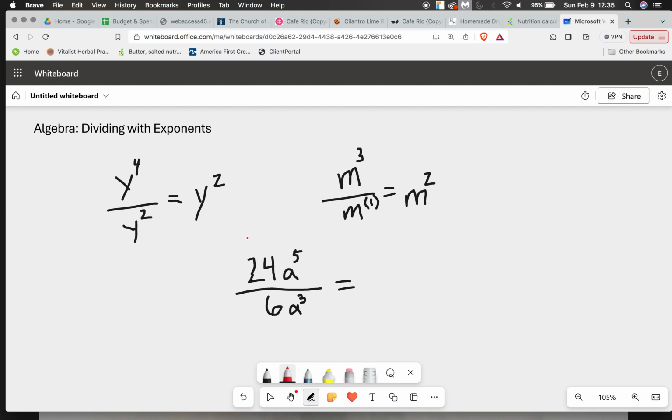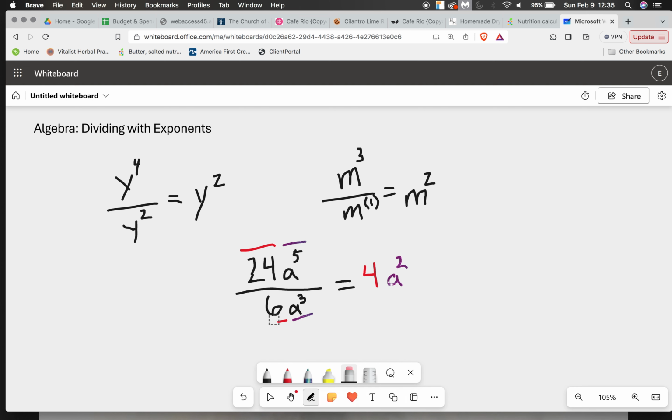So the first part we're going to do is we're going to handle the numbers. Alright, so what's 24 divided by 6? How many times does 6 go into 24? Well, the answer to that is, of course, 4 times. So 4. And then we're going to handle the variables. So we have a to the 5th and a cubed. So 5 minus 3 is going to be 2 again. Yet again, the answer is 2, and so the answer would be 4a squared in very colorful handwriting.